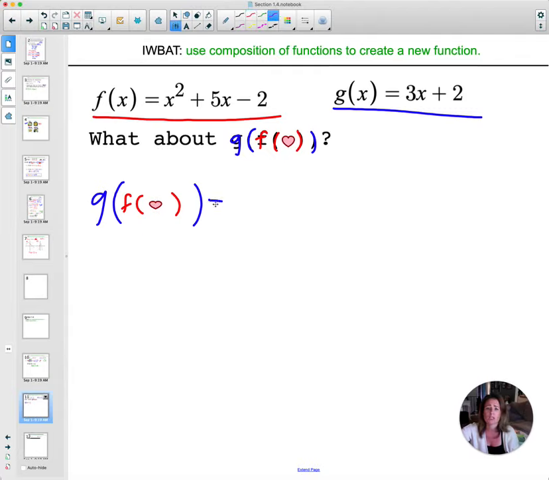So the outer function, the g function, is 3 times some input plus 2. And I might need a little bit more room than this. Now, that input is f of heart. So we're going to have to plug in f of heart into here.